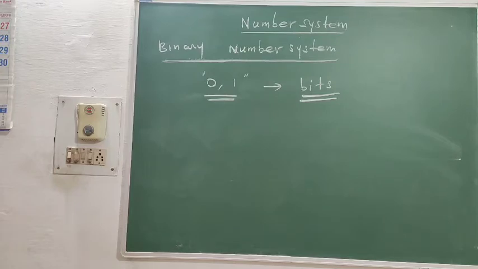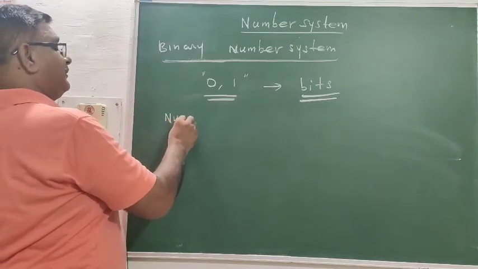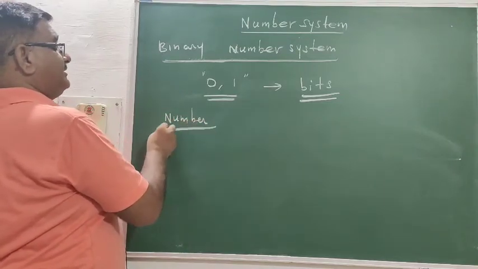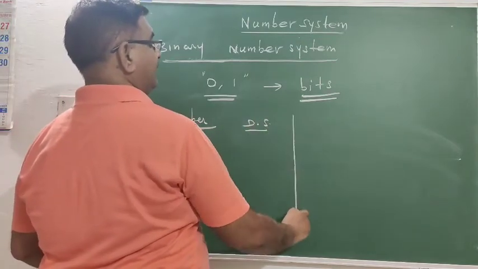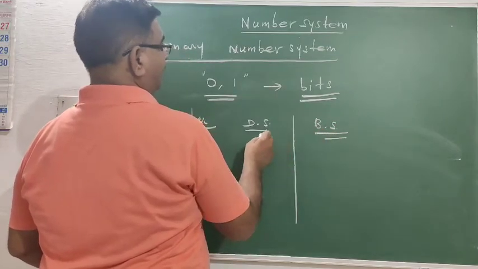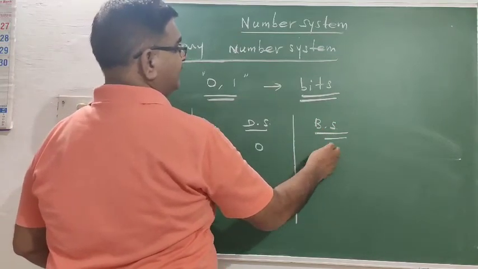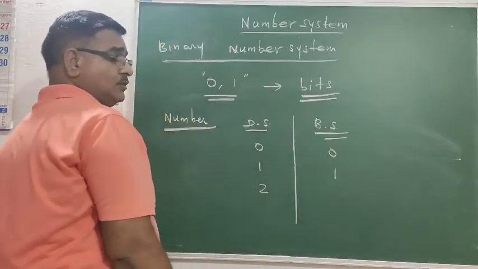How do you convert the number? See, if you have the number 0 in the decimal system, in the binary system 0 is written as 0 only, and 1 is 1. What happens for 2?